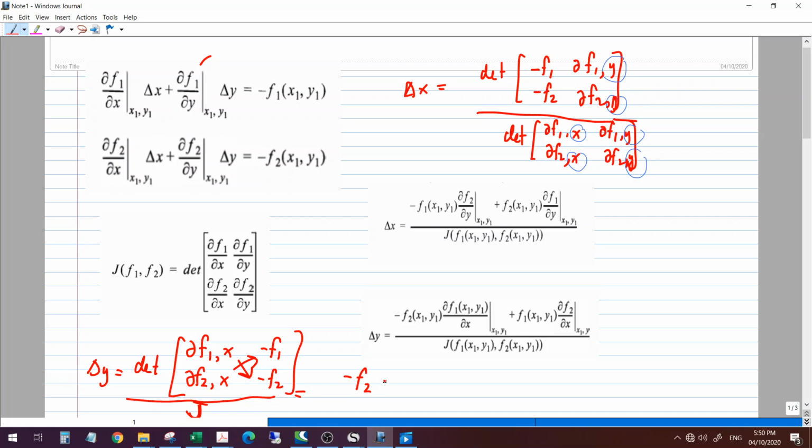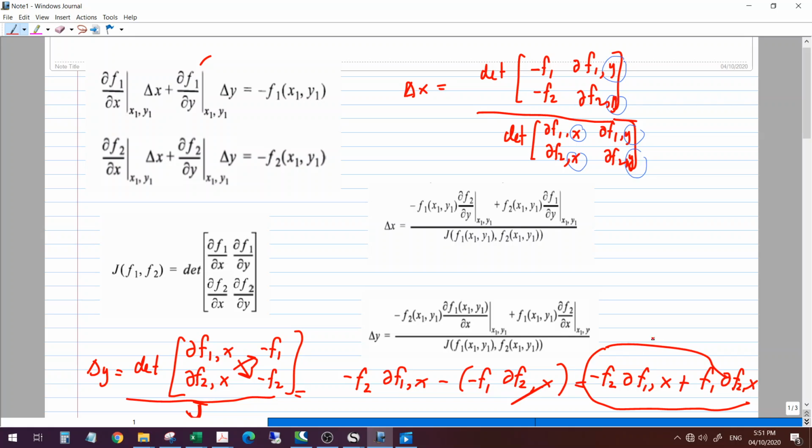So that will be negative f2 df1 with respect to x minus negative f1 df2 with respect to x, or negative f2 df1 dx plus f1 df2 dx. Applying this to the numerator for delta x, that will be negative f1 df2 with respect to y minus negative f2 df1 with respect to y.